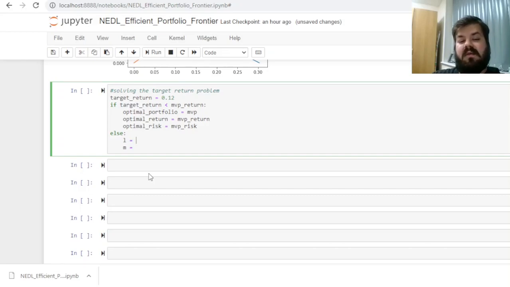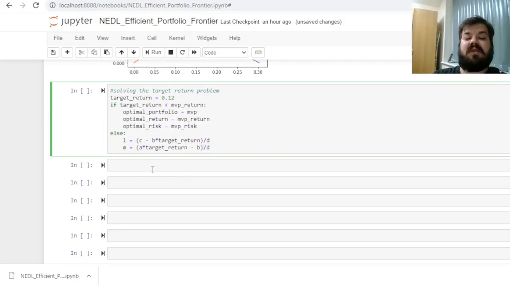So L would weigh in the minimum variance portfolio and M would weigh in the tangency portfolio. L would be equal to C minus B times the target return divided by D, whereas M is equal to A times the target return minus B divided by D.